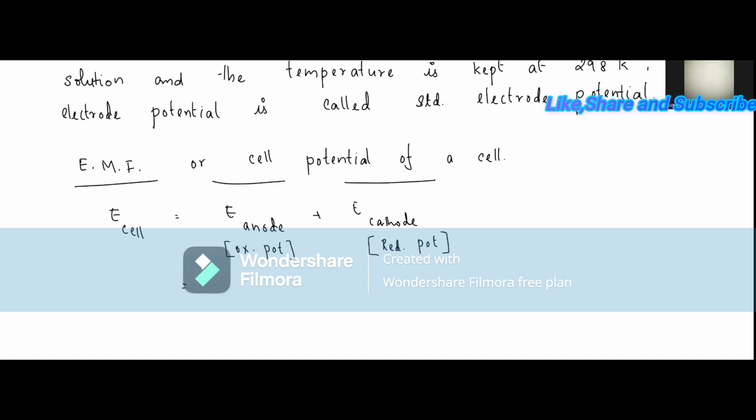So, oxidation potential with its sign reversed, I repeat, oxidation potential with its sign reversed is called reduction potential, which means the above representation now is minus E of anode in terms of reduction potential plus E of cathode, which is anyway reduction potential.